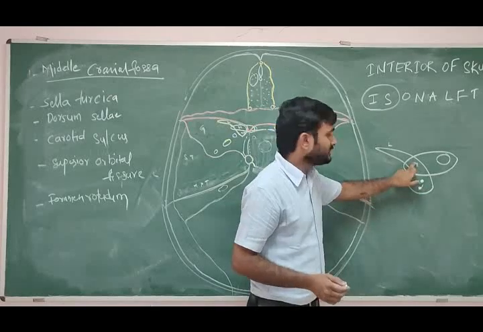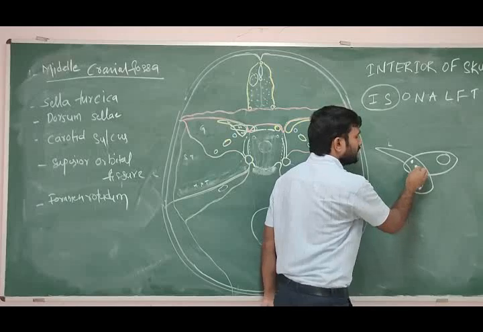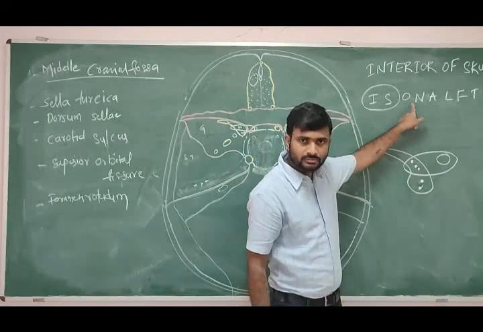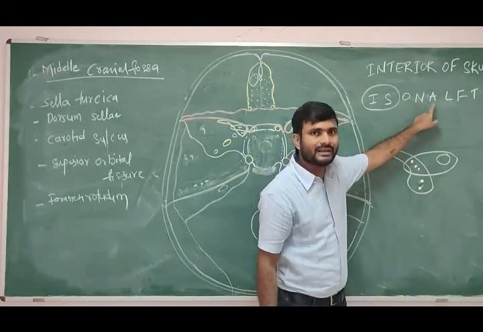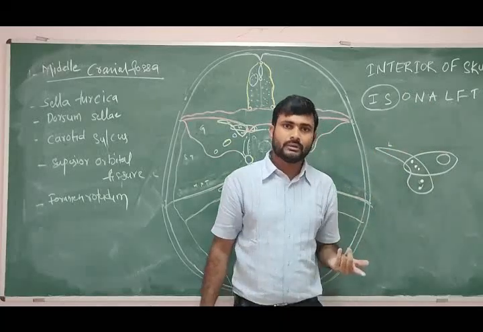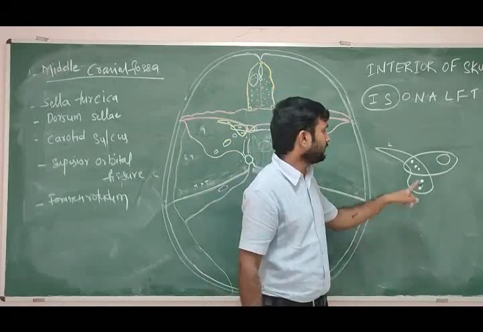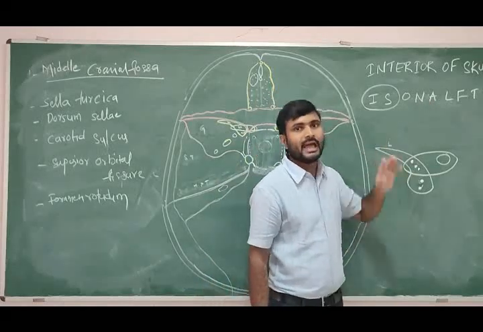In the middle part, three structures pass: oculomotor nerve, nasociliary nerve, and the abducens nerve. The oculomotor is again divided into the upper and the lower: upper oculomotor nerve and lower oculomotor nerve, nasociliary nerve, and the abducens nerve.